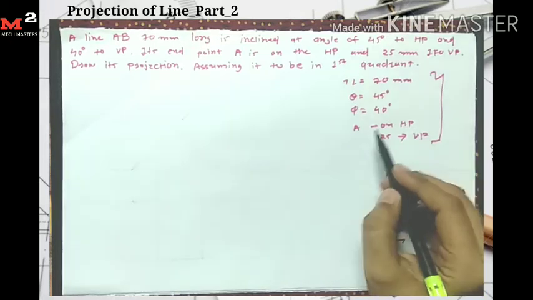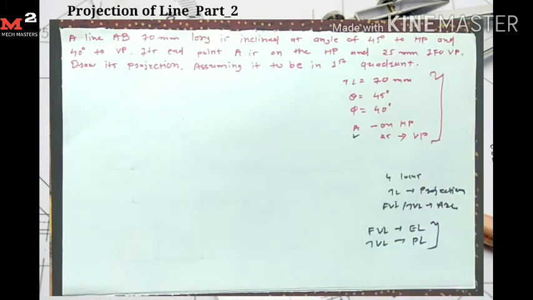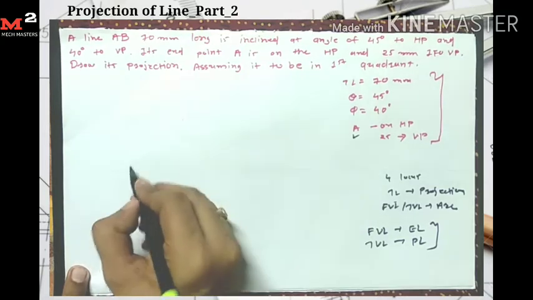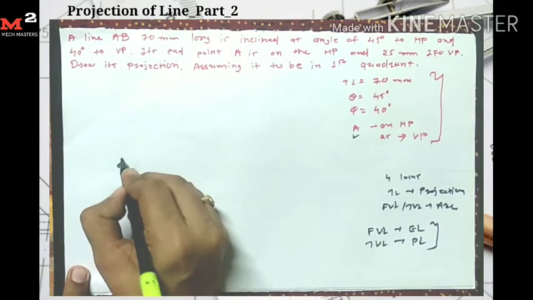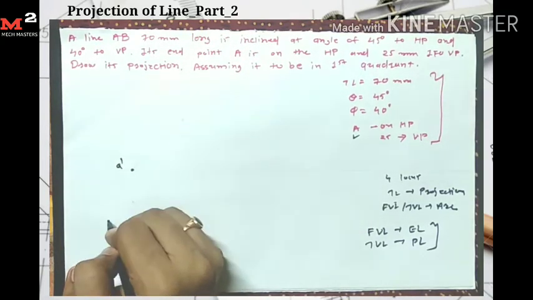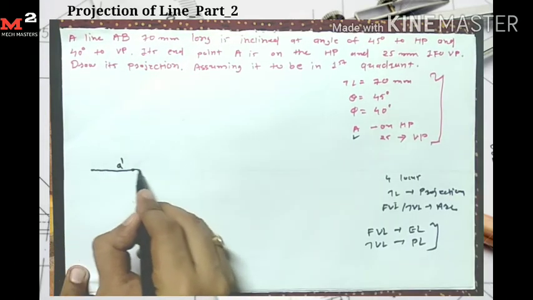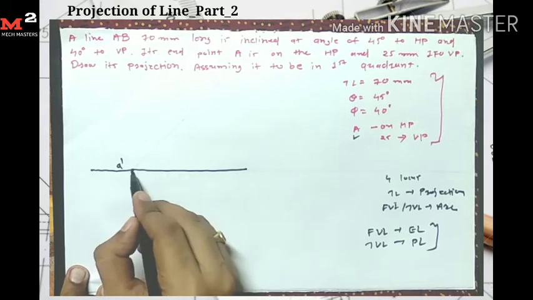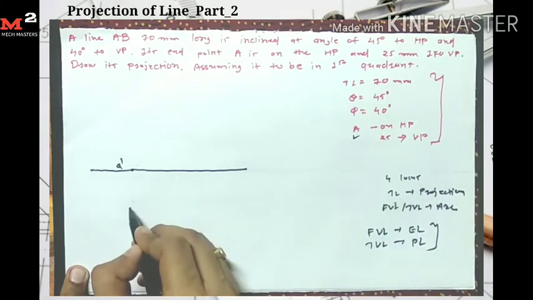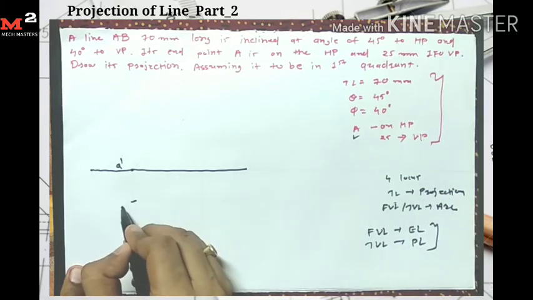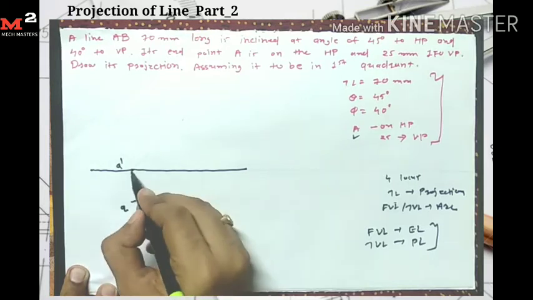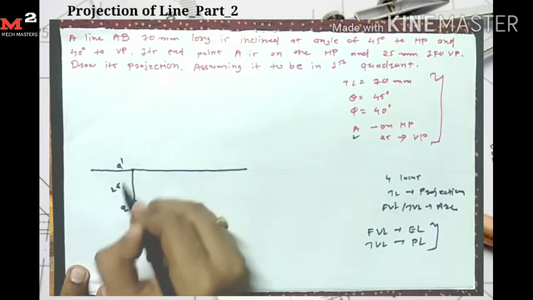First I mark the point A. The condition given is that point A is on HP, so I get the point A dash here, which is the front view of point A. And it is 25 mm in front of VP. This is my reference line, so from here I take a 25 mm distance and mark the point A. This distance is 25 mm.